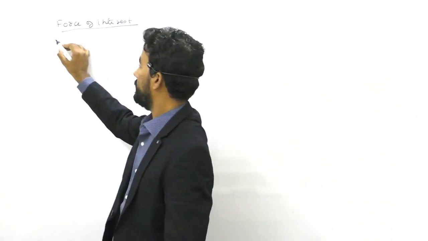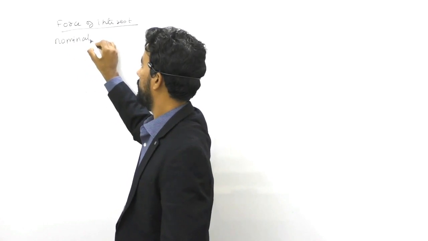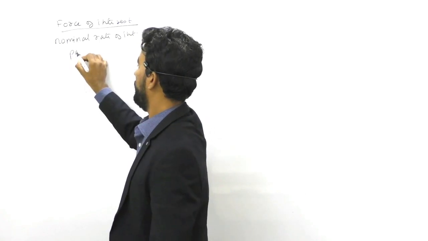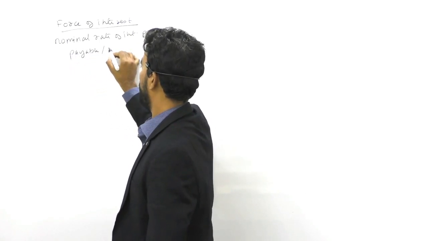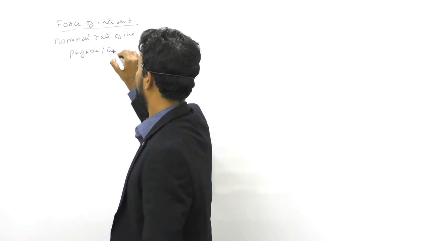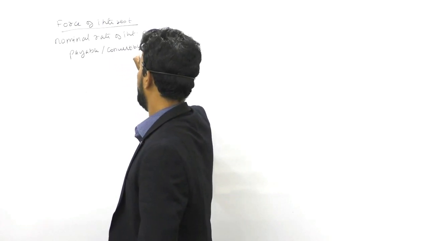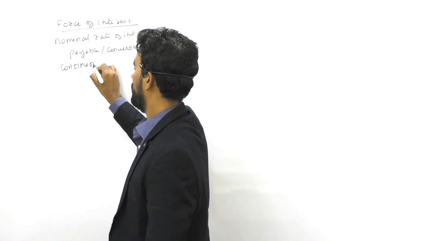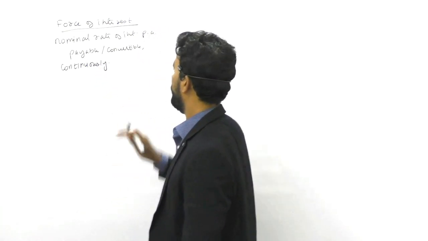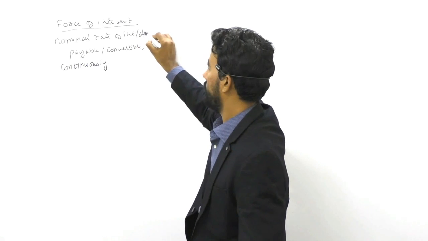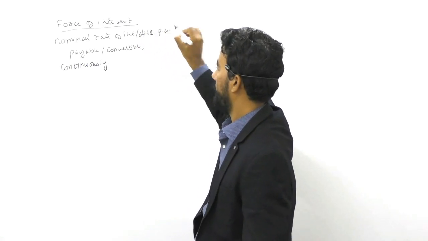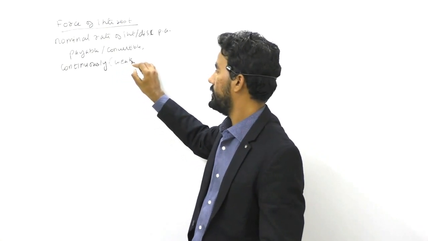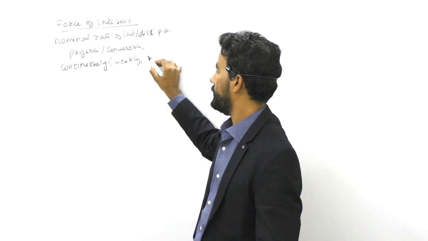I can define this as nominal rate of interest per annum payable, or rather convertible, continuously. Nominal rate of interest, or I would say discount, per annum payable or convertible continuously. I can also use the word weekly, or I can use the word daily.